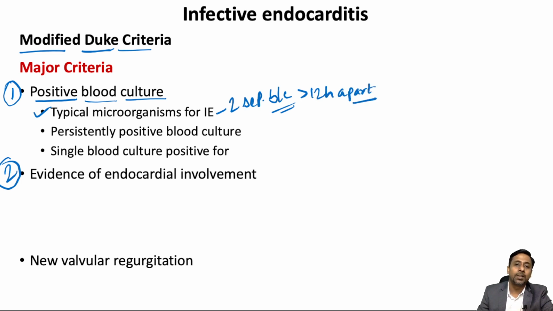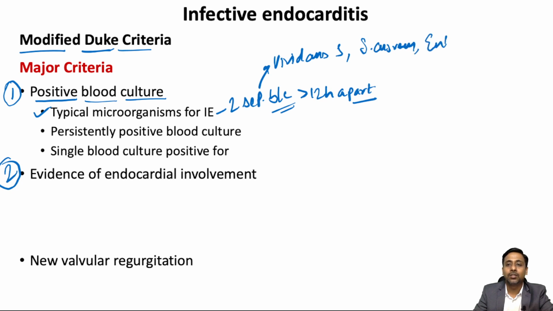Okay, and the organisms commonly known to be typical microorganisms for infective endocarditis are viridans streptococcus, Staphylococcus aureus, Enterococcus, and HACEK group of organisms. Okay, or persistently positive blood culture.